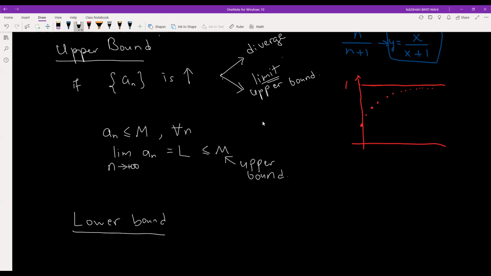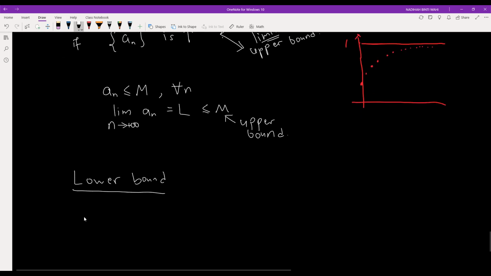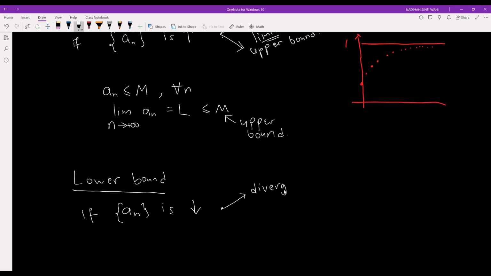If a_n is a decreasing sequence, the same thing happens. You can have a diverging sequence, or you can also have a limit, and that limit is called the lower bound.